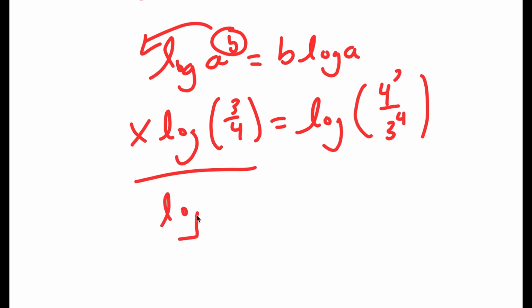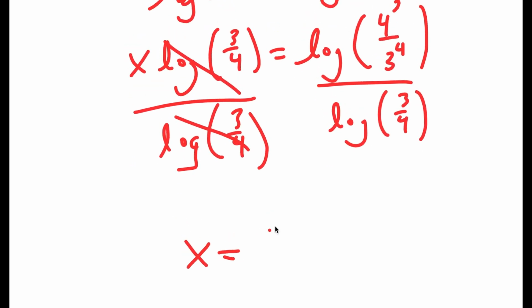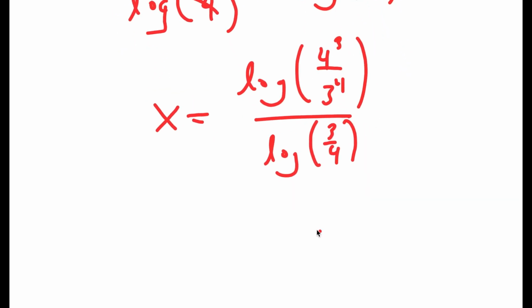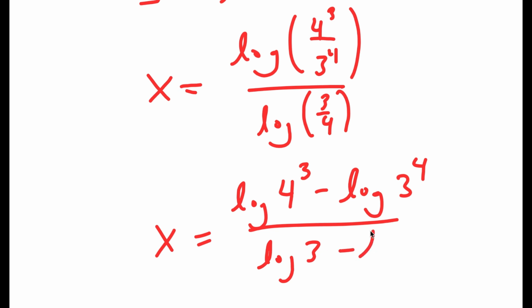Now I'm going to divide both sides by log of 3 over 4. So these two cancel out, and I get x is equal to log of 4 to the power of 3 over 3 to the power of 4 over log of 3 over 4. Now this is the same thing as log 4 to the power of 3 minus log 3 to the power of 4 over log 3 minus log 4.